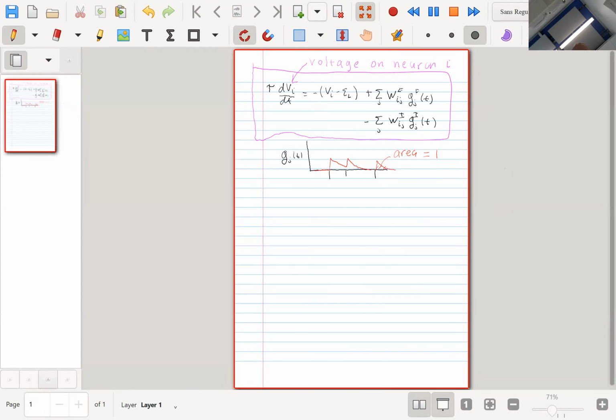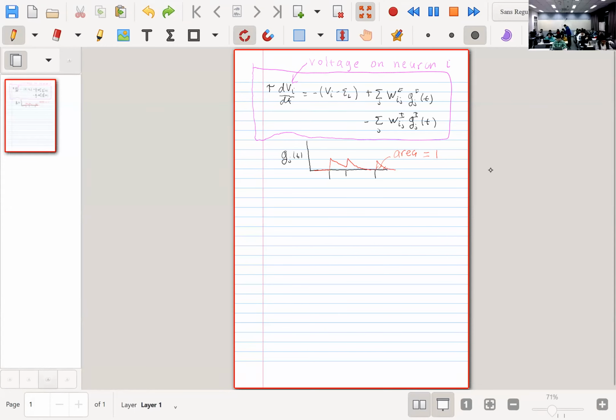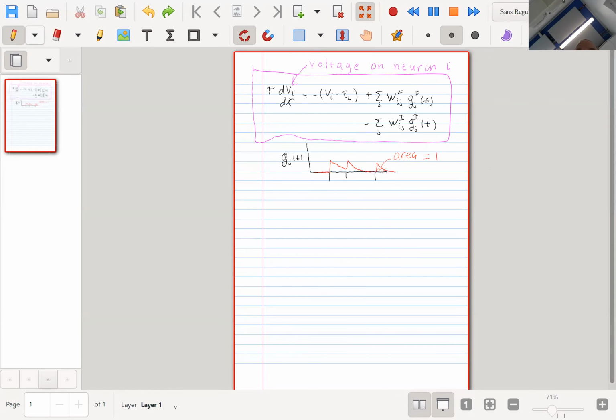So the voltage relaxes back to the E leak, the resting membrane potential, about minus 65 millivolts in the absence of input.